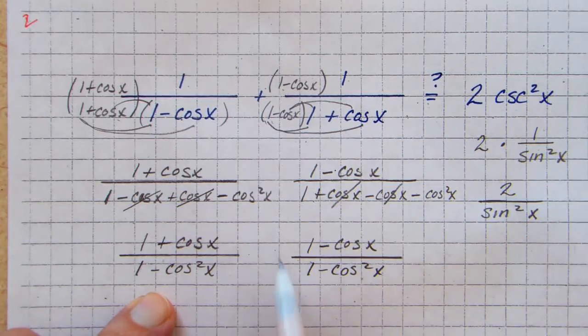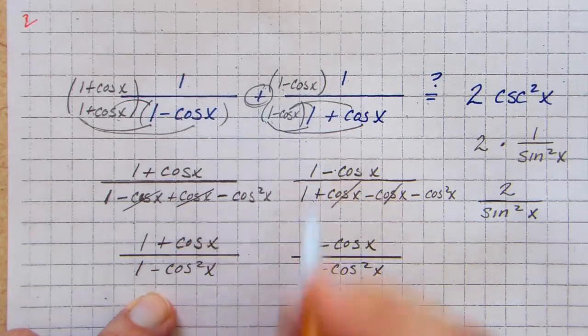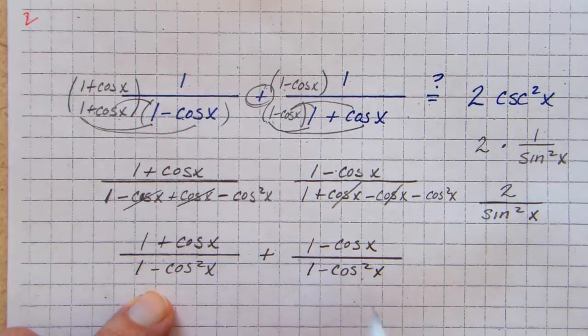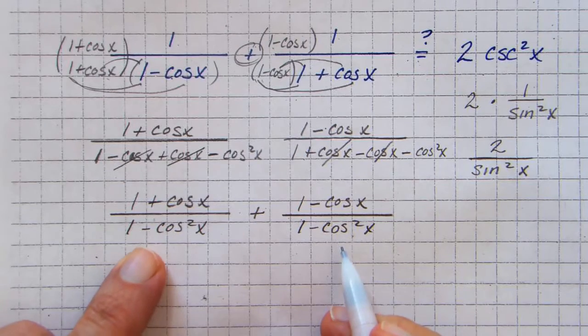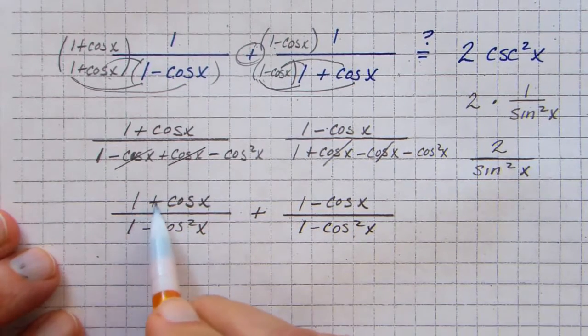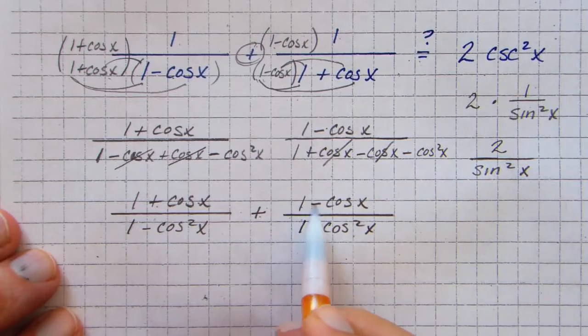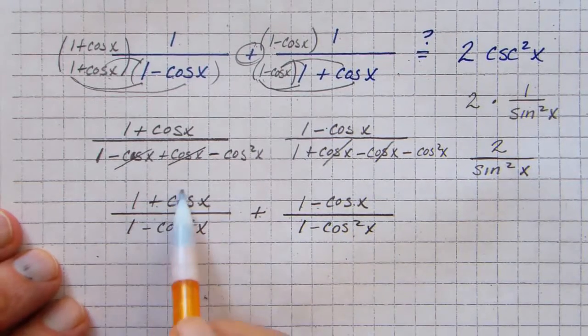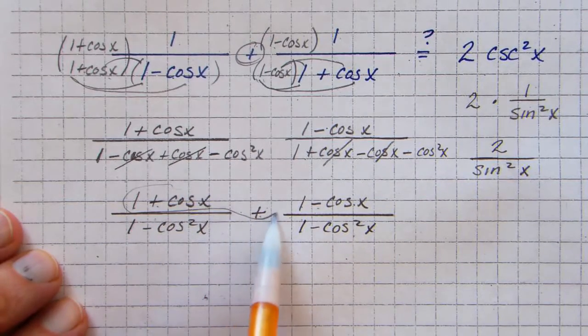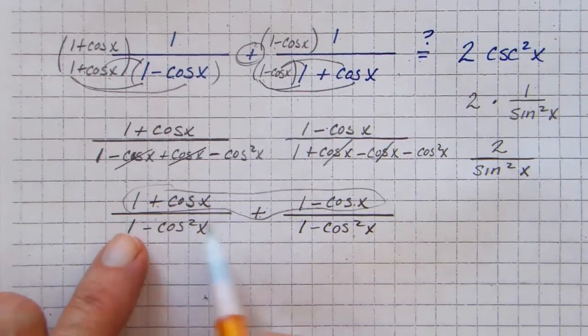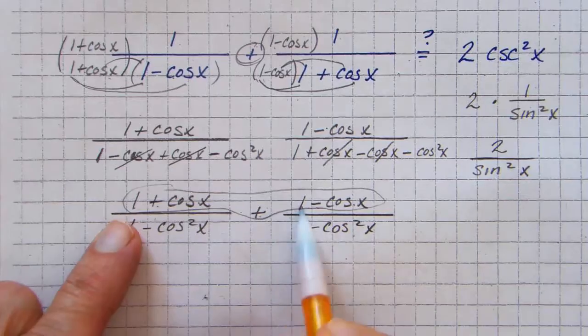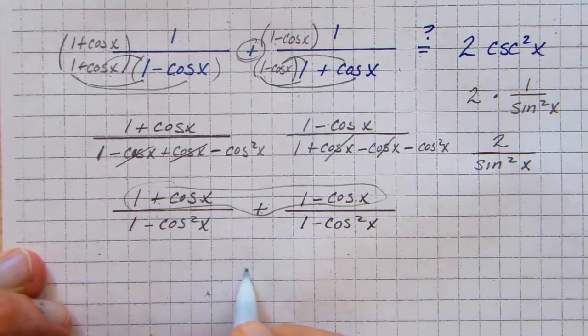Now, between them it was a plus sign right here, so plus sign. So now I've got common denominators, so I can add these things together. And so I've got 1 plus cos plus 1 minus cos. There's really no distributing. It's just a matter of like terms. So I've got a 1 plus a 1, so that would be a 2.